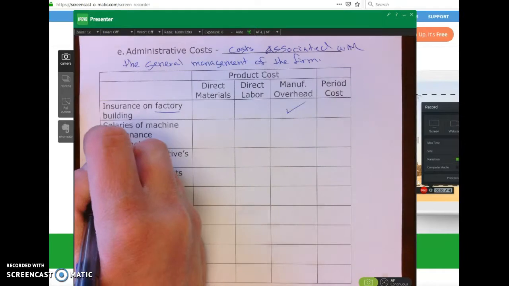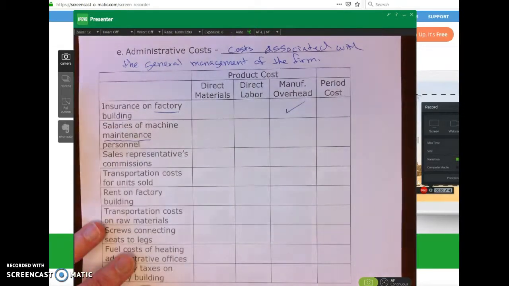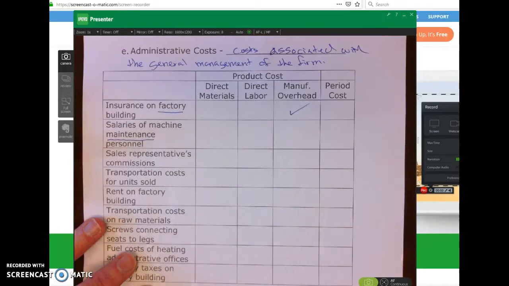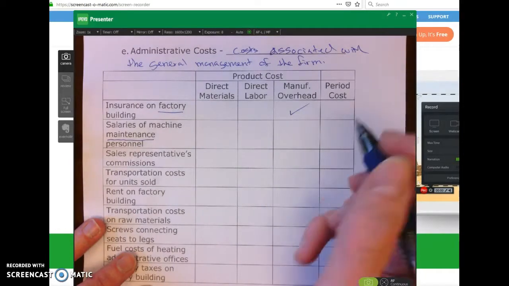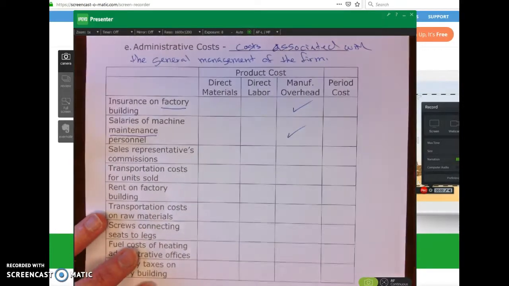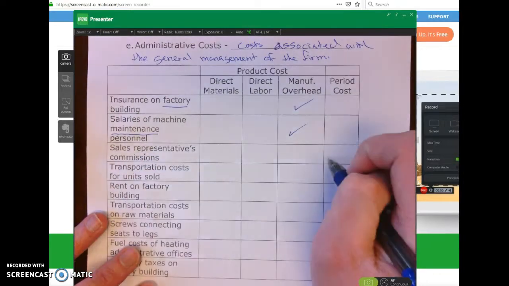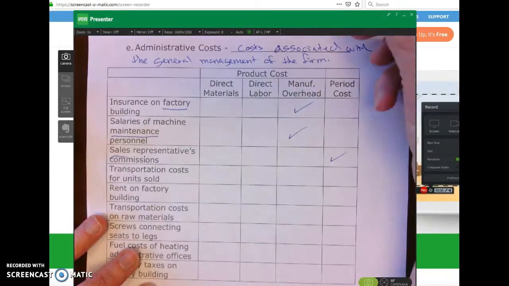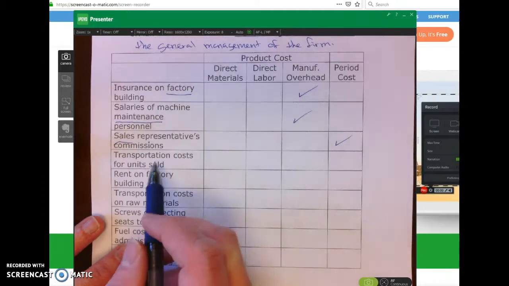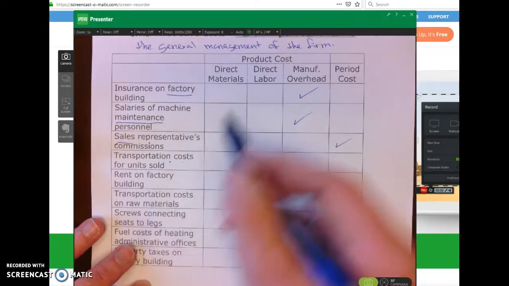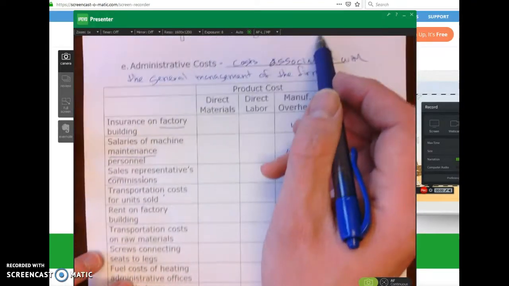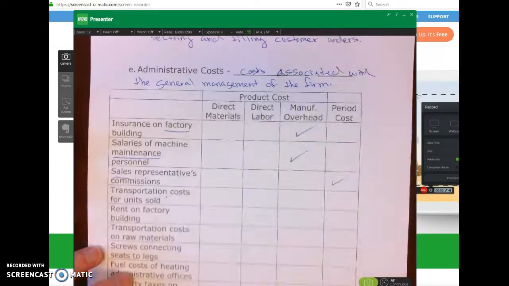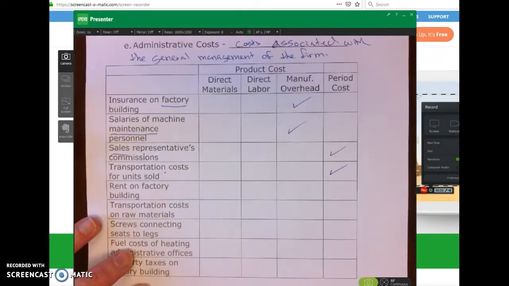Salaries of machine maintenance personnel, because it's maintenance personnel, it's going to be difficult to trace their salaries to a specific product because those machines could be used to make a lot of different products. So we're going to consider that manufacturing overhead as well. Sales representatives' commissions, sales, that's marketing and selling, that's a period cost. Transportation costs for units sold, those are costs that we incur to get the customer the order, so that would be considered a period cost.